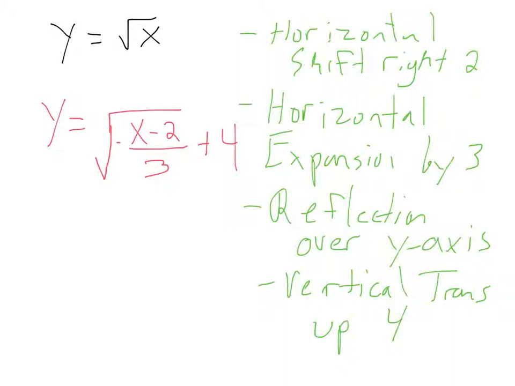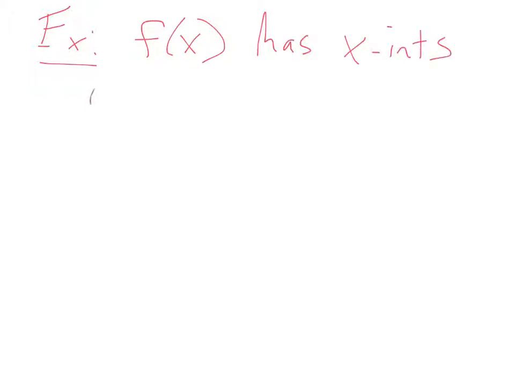All right. Let's look at one really quick example. We're almost out of time, but I want to fit this in here. Imagine in this last example that we have a function f of x that has x-intercepts of -2 and 7.